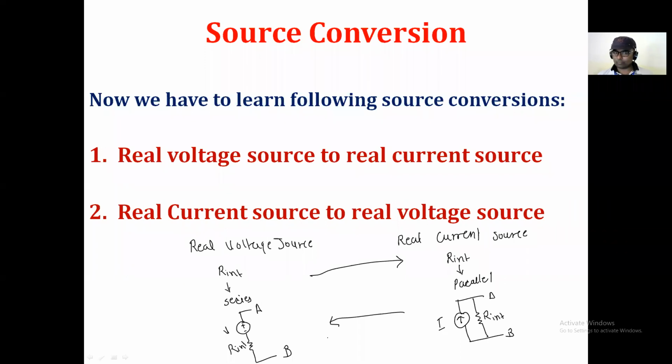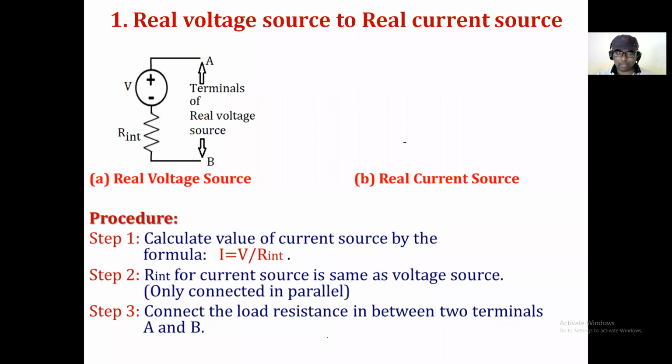That means the real voltage source into a real current source and the real current source into a real voltage source. It depends upon the circuit. And for that, we must have the knowledge of how one can convert one source into another. So let's start with the first part, real voltage source into real current source.